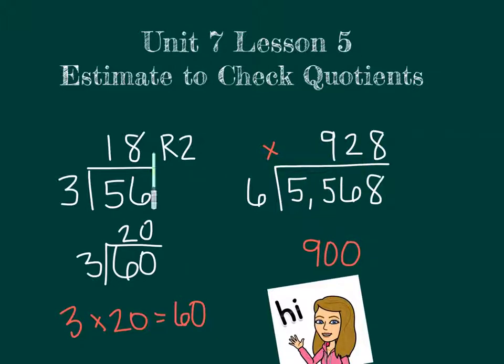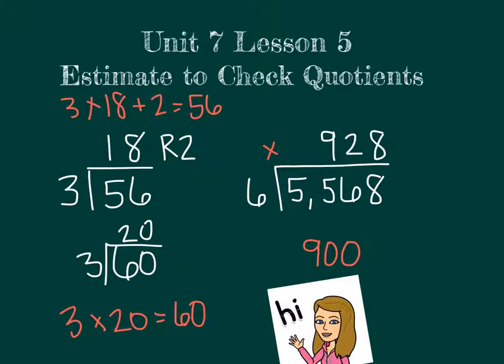Now, if you have remainders, you take the divisor times the quotient, and then you add the remainder. So you would essentially be taking 3 times 18 plus 2 to equal 56. However, when you do not have a remainder, you should just be able to take 6, or the divisor, times the quotient to get the final answer of the dividend.